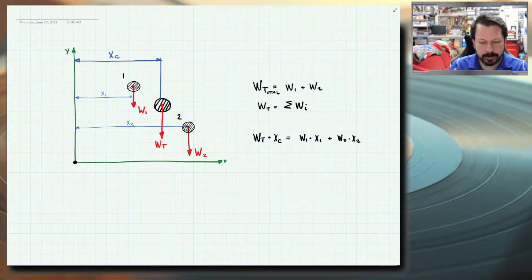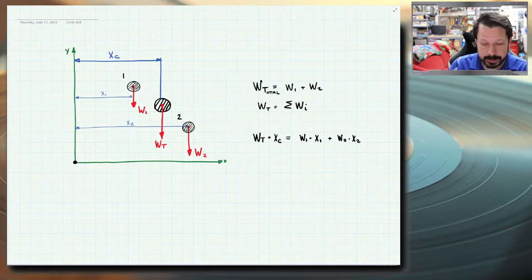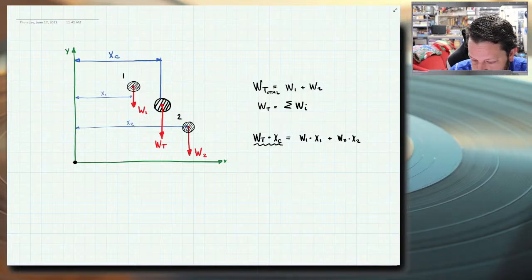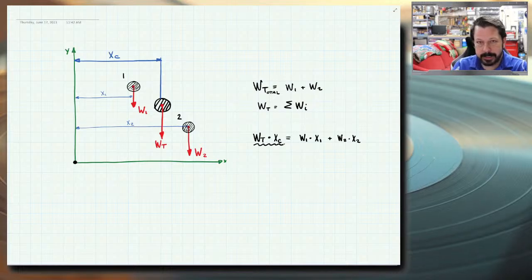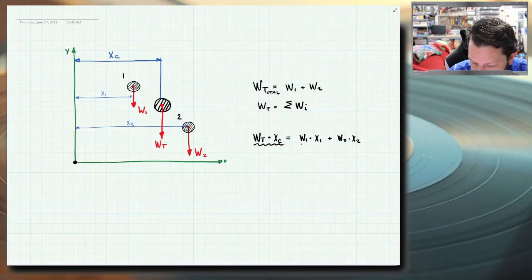Don't worry about which direction this moment is being created. I'm just trying to create the same effect. And so this side is the total weight placed at some distance x sub c, and it has the same effect as far as force times distance goes as all of the individual ones added together.